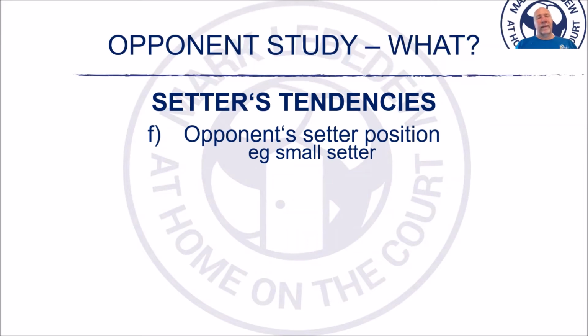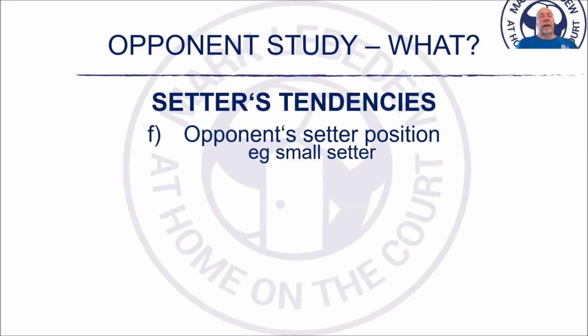And thinking about this particular topic, when we started with our point A, which was the rotational tendencies, we only think about them from our side. And of course, the setter's decision making is much more complex and includes what's on the other side of the net.